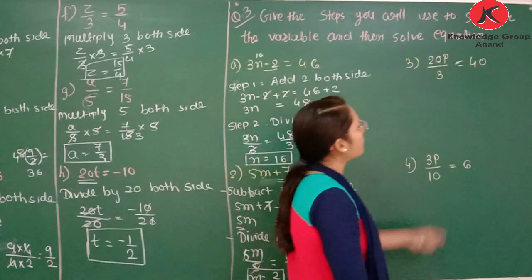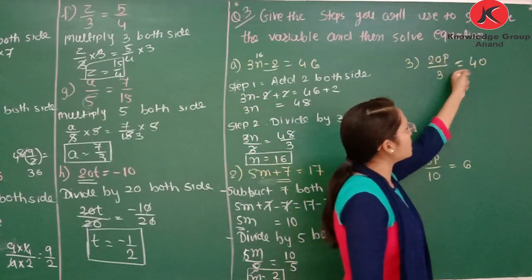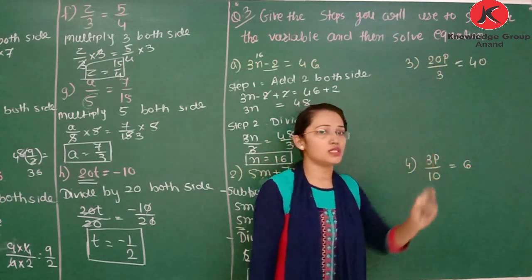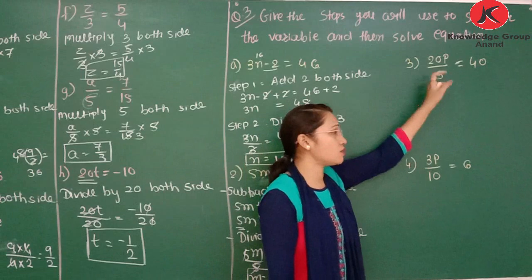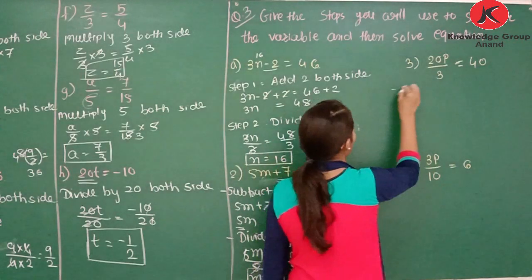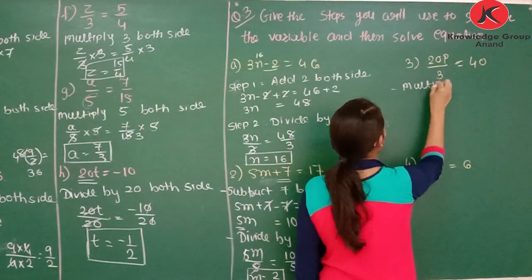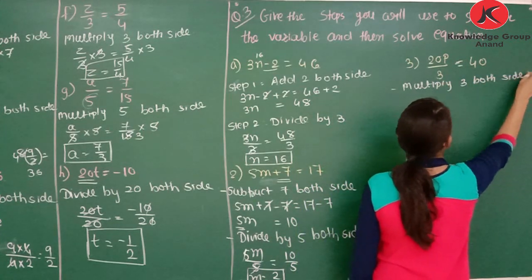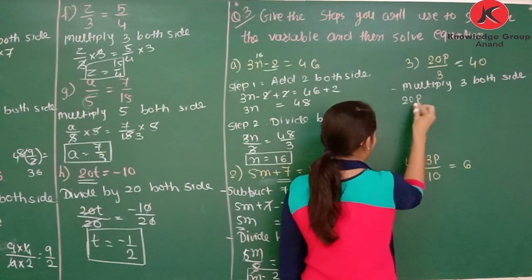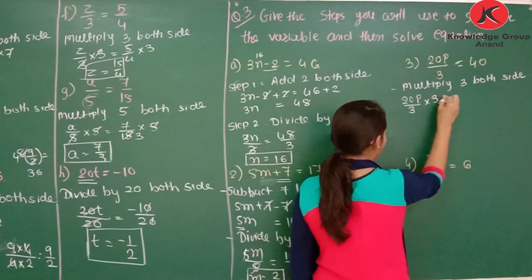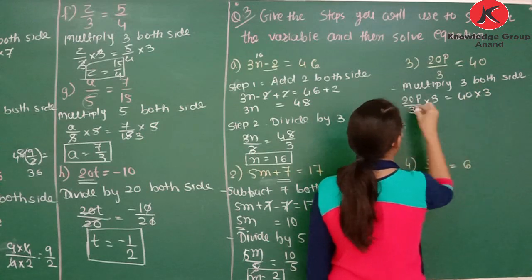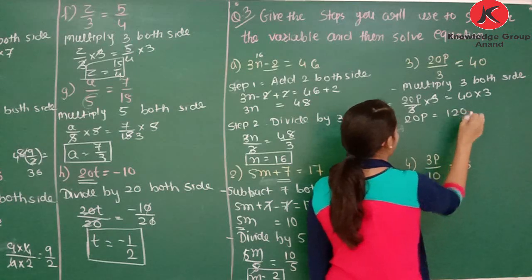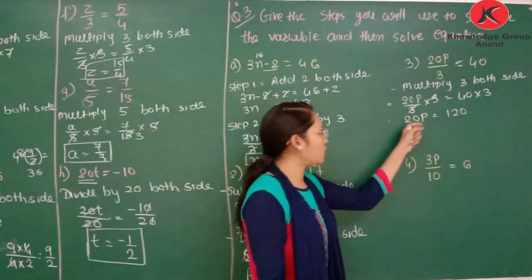Now next one, 20p divide 3 is equal to 40. Now here 20 is in multiplication and 3 is in a divide. So we first remove 3 by multiplying 3 both sides. 20p by 3 multiply 3 is equal to 40 multiply 3. 3 cancel. 20p is equal to 120. Now we need to remove this 20.